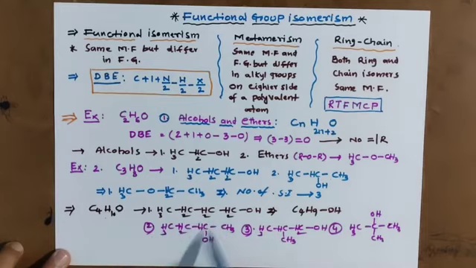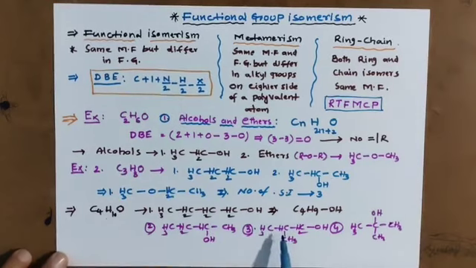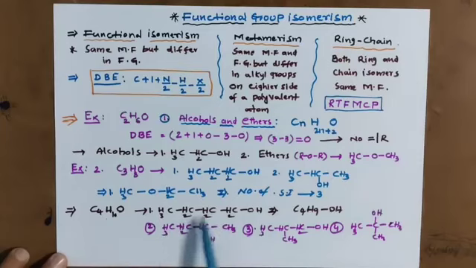So like that, 4 carbons, 3 carbons, chain isomers, and this is 1 2 3 4, 1 2 3. These two are chain isomers. So 1 2 3 4, 1 2 3 4: chain not different, only position changes. These two are position isomers. 1 2 3 4, 1 2 3, these two are chain isomers.